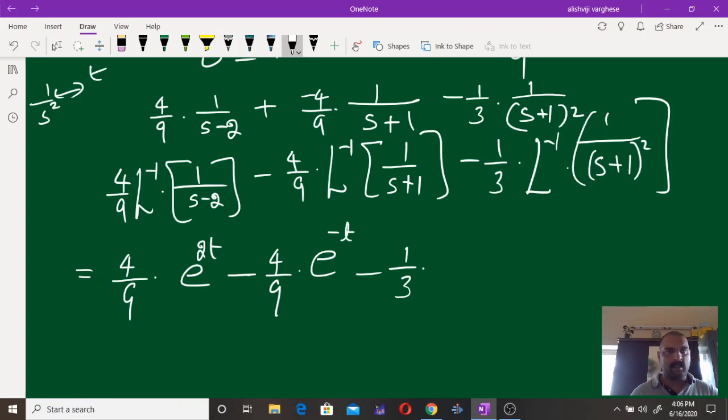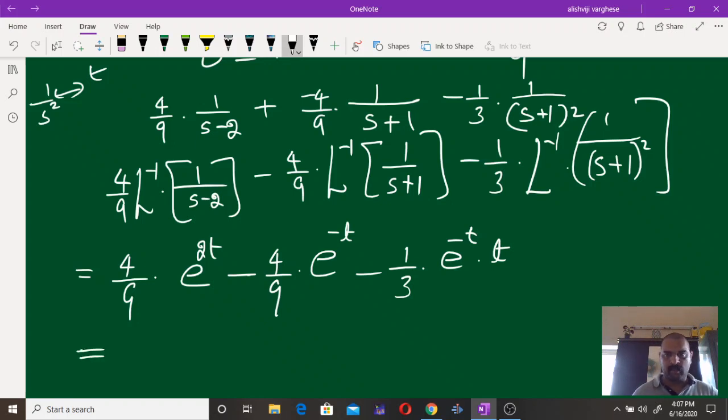So the Laplace transform of t is 1 by s square, and if it is shifted with parameter e raised to minus t, then its Laplace transform is 1 by (s minus minus 1) whole square, that is (s plus 1) whole square. So it is e raised to minus t into t.